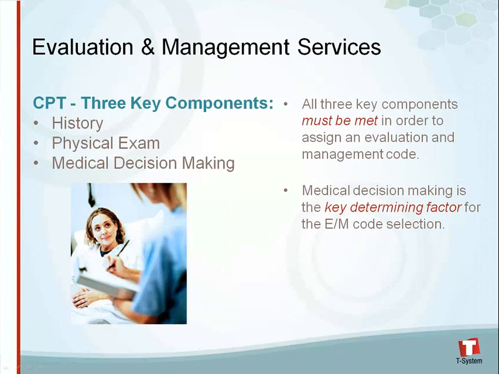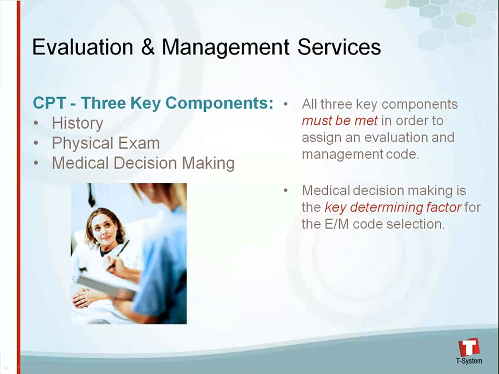So to start us off, we want to talk about three key components. All these three key components are considered key work in order to assign an evaluation and management service. So we have your history, physical exam, and medical decision-making. In order to bill a code out, either a level 1 through a level 5, all three of these areas must be documented.